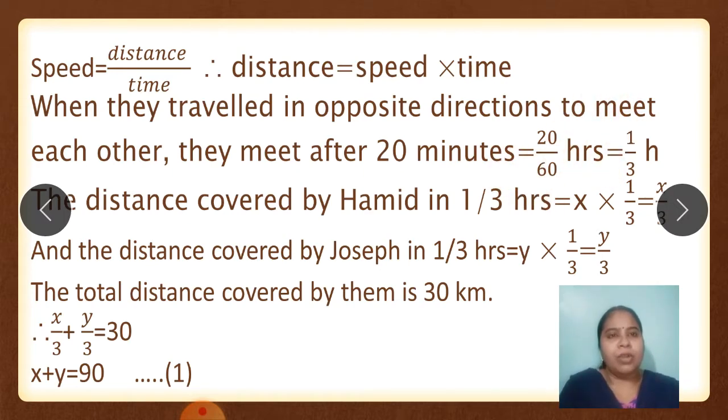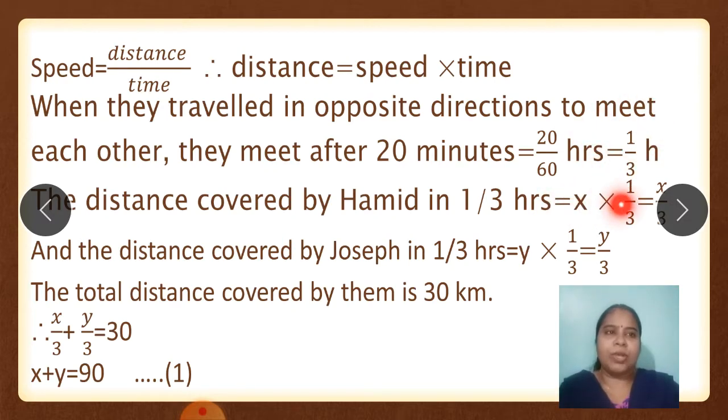Okay. Now distance covered by Hamid in 1 upon 3 hours. Now this is time, right? Distance covered by Hamid in 1 upon 3 hours is equal to, what is the formula? Speed into time, right? This is distance that we are talking about, and this is time. Speed of Hamid was what? X, correct? And time taken is 1 upon 3.